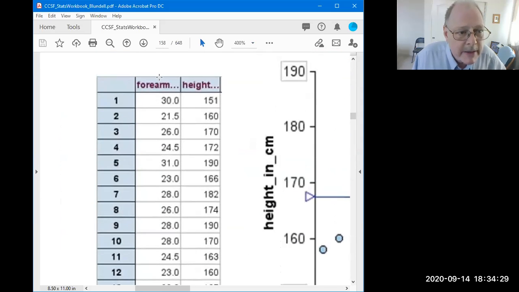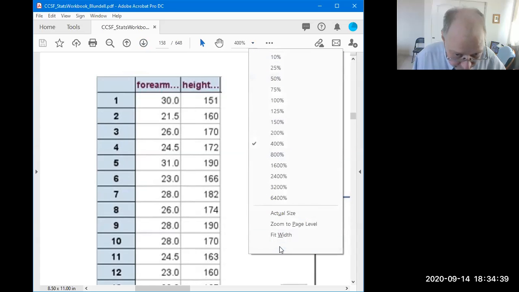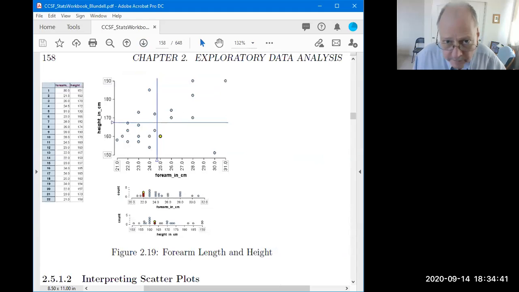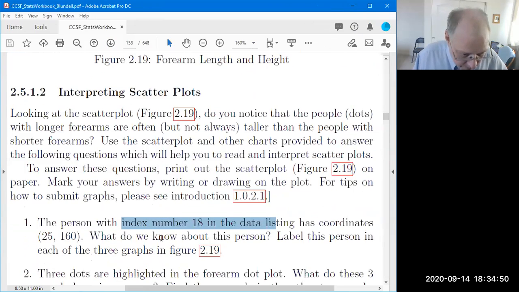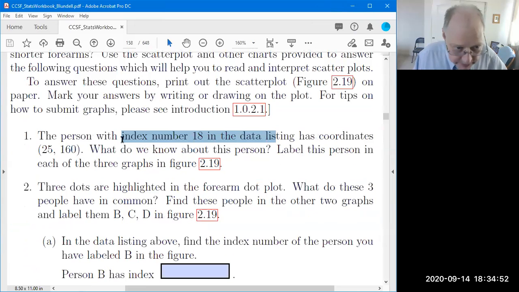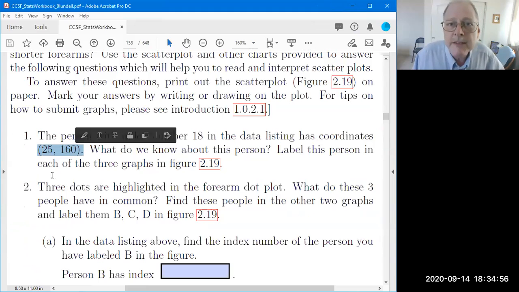That means the forearm was 25 centimeters long and the height of the person was 160 centimeters. So coming back down to the story here, you see that person has coordinates 25, 160.